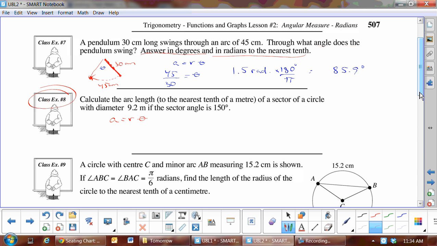Now, students are like, radius, diameter. Yeah, you almost got me on that one. So they're like, okay, A equals, what would be the radius? 4.6, and they multiply by 150. That's what they do. And the answer they get is right there waiting for them.